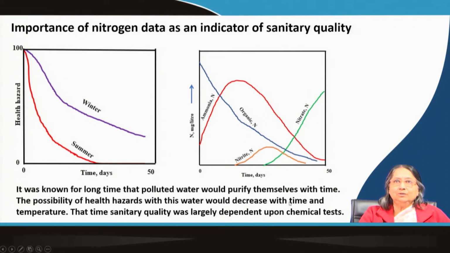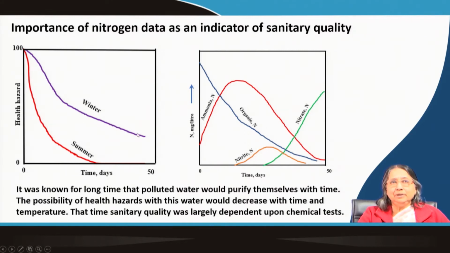With time the hazard will decrease, and temperature. So, if you can see here the effect of temperature, you can see in the winter season and summer season. In the winter season we know that temperature is lower compared to summer, and this is the health hazard, and then you can see that with time the health hazard is decreasing.